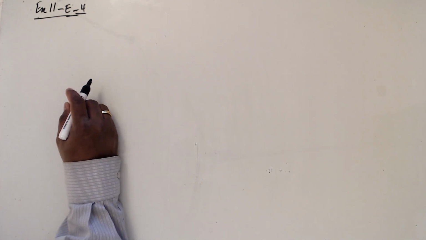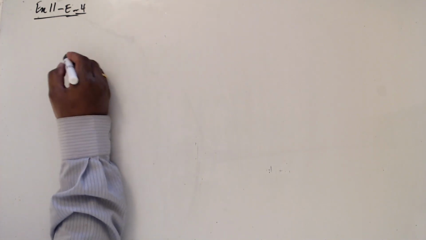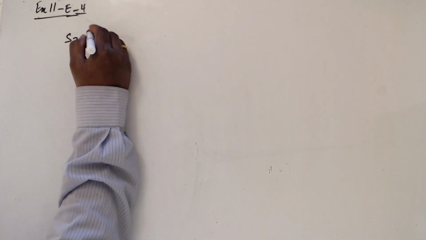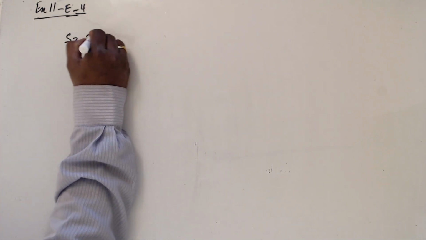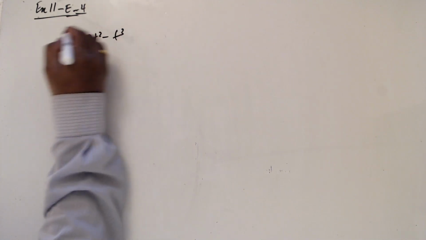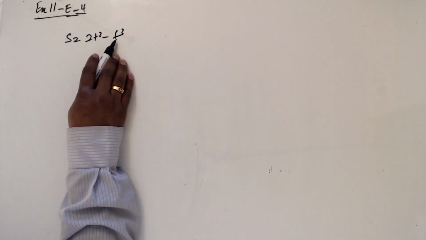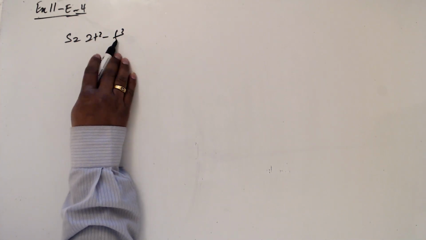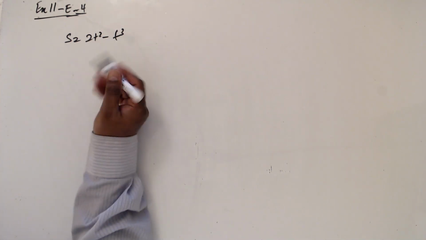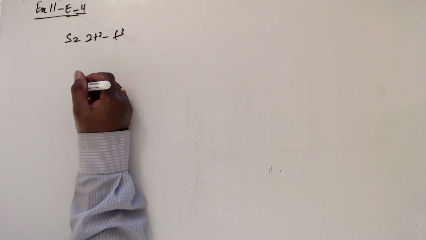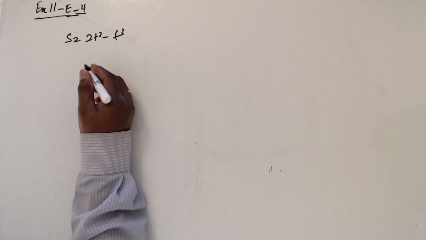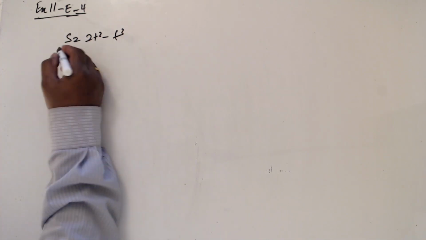Let's look at the first one: s equals 2t square minus t cube. After 2 times differentiation, I can see there is a t value that is going to remain because of t cube. Then this is not going to be a constant acceleration. However, we need to show that.